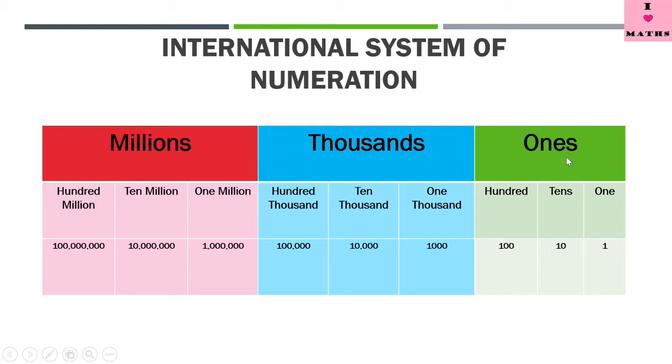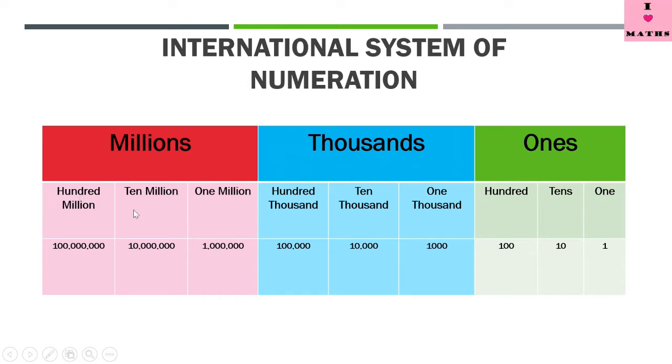In the ones period, there are three places: 1, 10 and 100. In the thousands period, there are again three places: 1,000, 10,000, 100,000. In millions, again there are three places: 1 million, 10 million and 100 million.